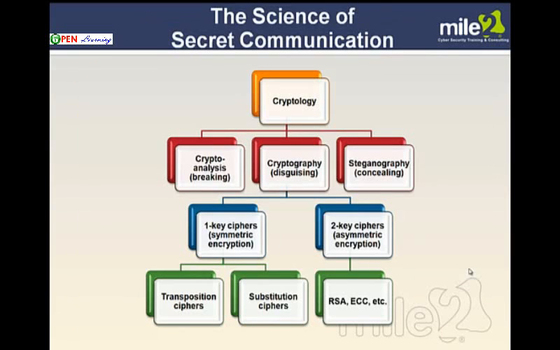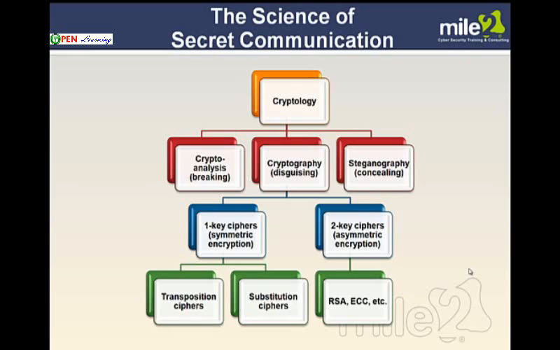With the science of secret communication, we have cryptology, and first of all, we could look at breaking the encryption, cryptanalysis. We could look at trying to disguise what we have, hiding our information into a garbled format, cryptography. And steganography is generally included in chapters like these, but it's not really encryption. There is no encryption whatsoever with steganography.